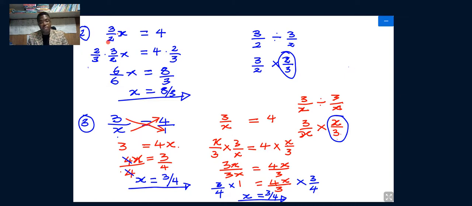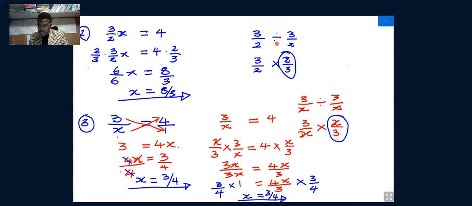Luckily, on our previous lectures, we learned properties of fractions, where we had to divide fractions. So here we have 3 over 2 divided by 3 over 2. We bring back 3 over 2.